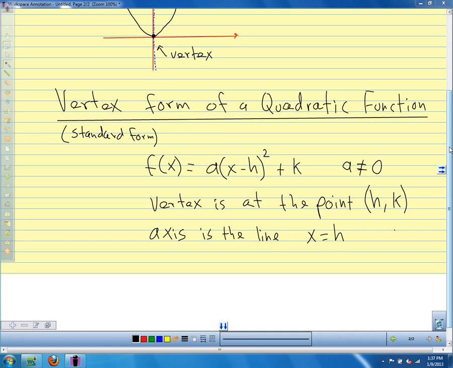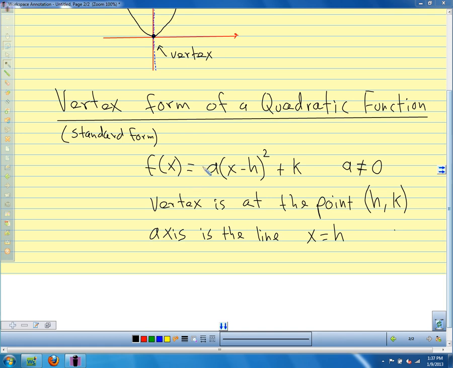How do we tell if we have our quadratic function in vertex form? How do we tell if it opens up or down? Do we remember? Negative in front.